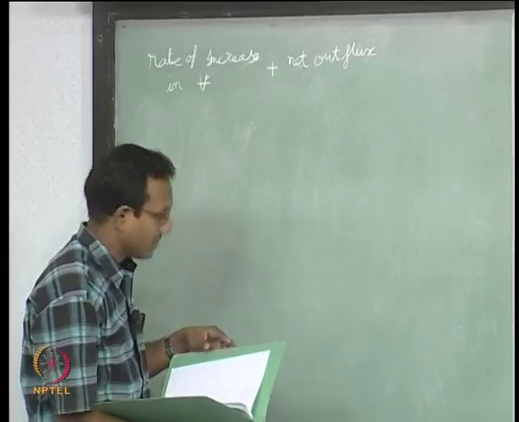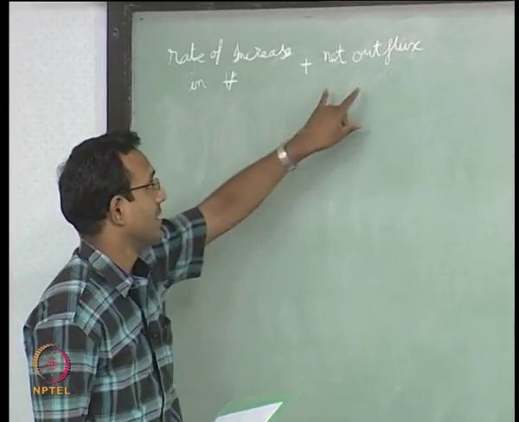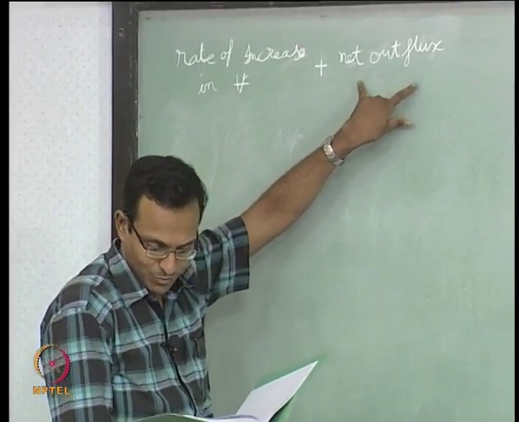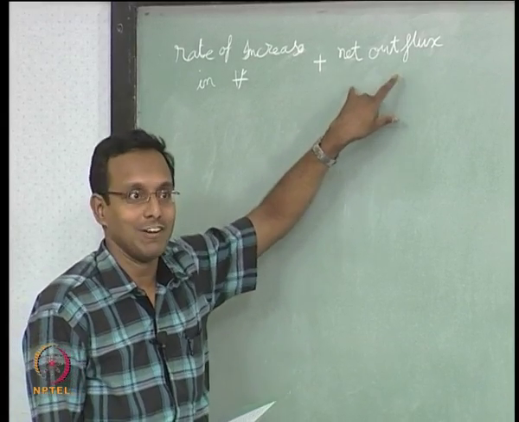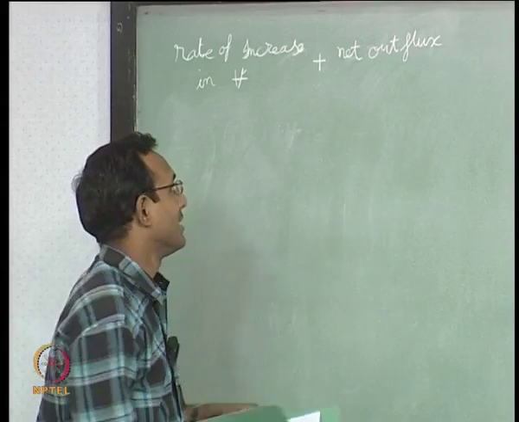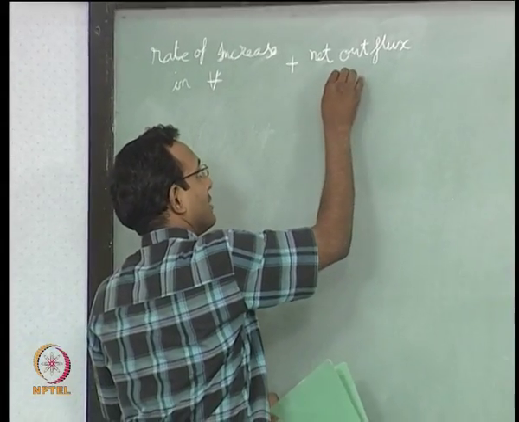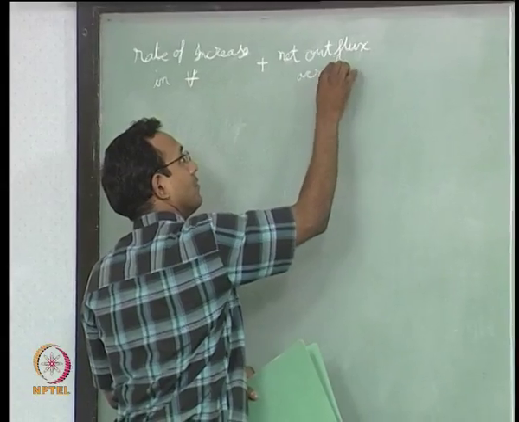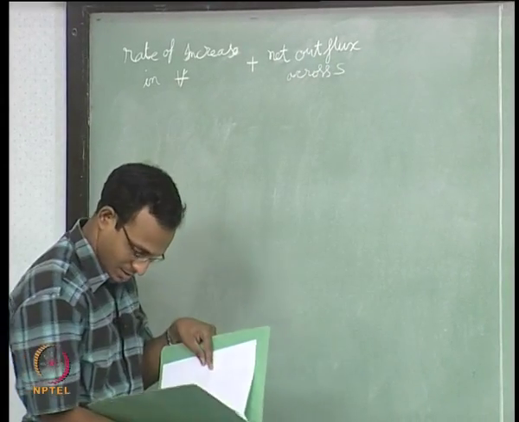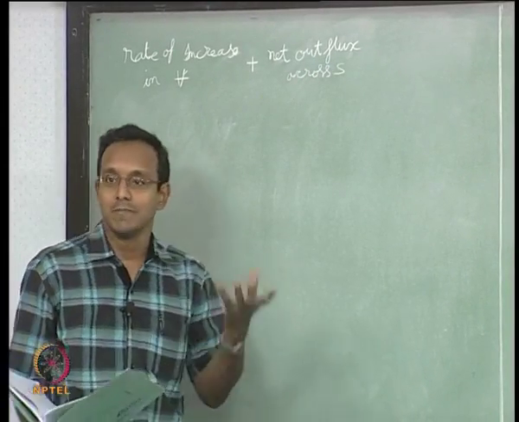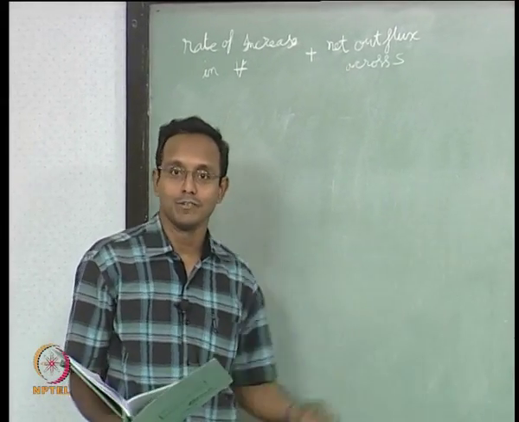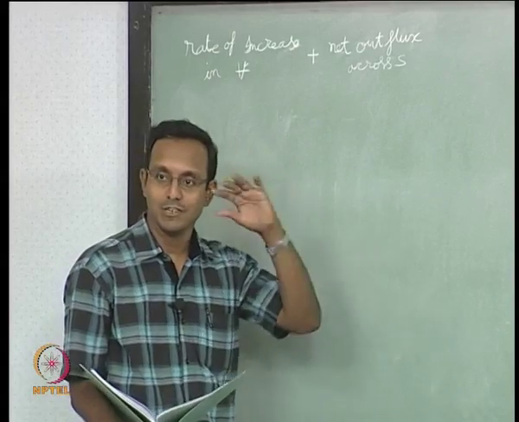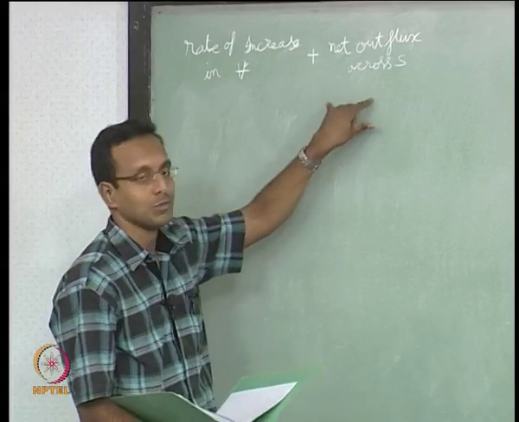Ideally, I would write the net rate of outflux of energy across surface S, all that I would write here, really. I am just writing net outflux across S. That is how much I am keeping inside and how much I am sending outward, out of my control surface. Those are the two things.